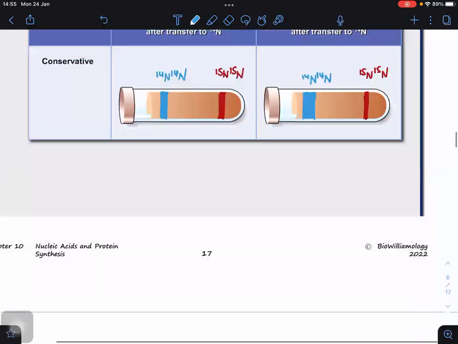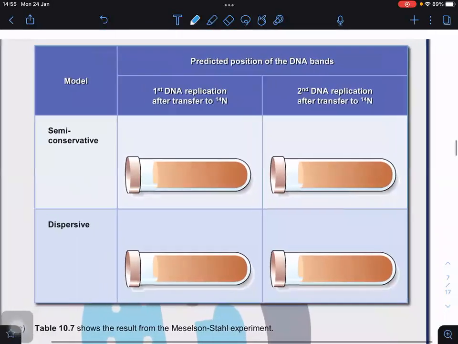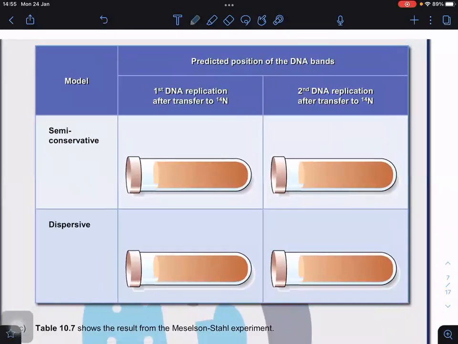Now, what will happen for the semi-conservative? If you look at semi-conservative, we do know that after the first DNA replication, they have one band at the center only, which represents the hybrid DNA.